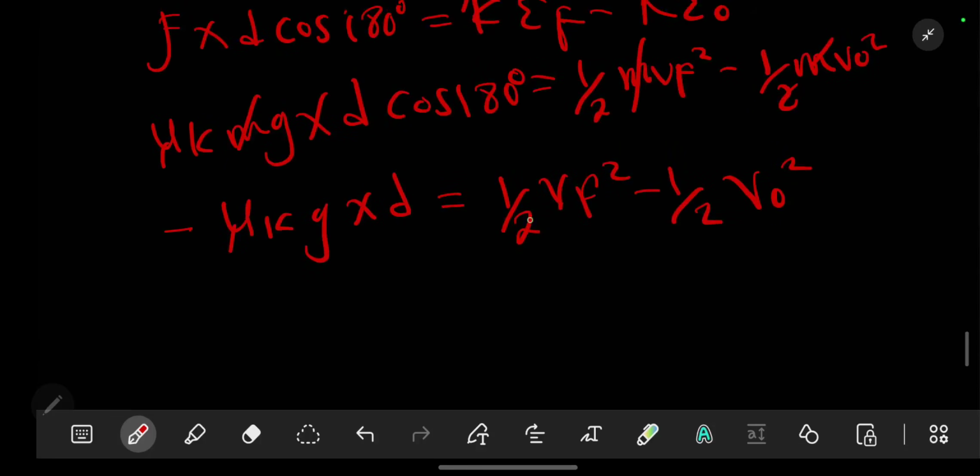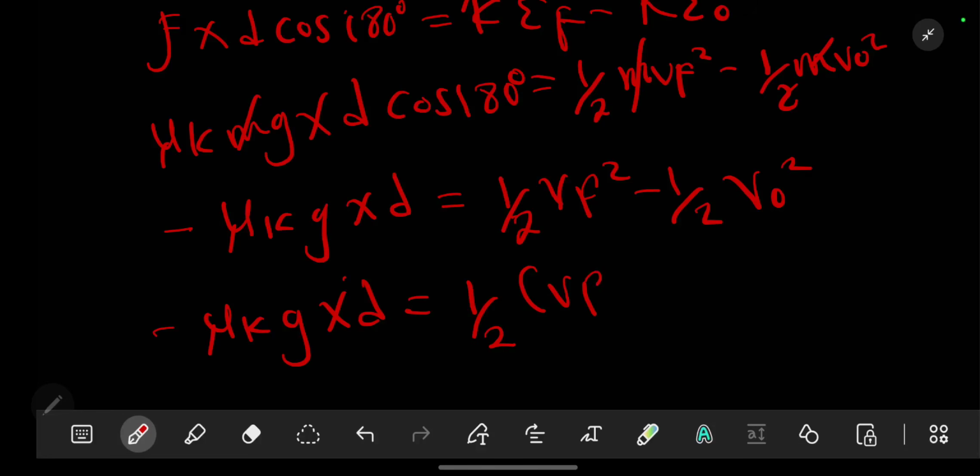So we can factorize. Half is common, so we have negative mu k g times d should be equal to half times v final squared minus v initial squared.